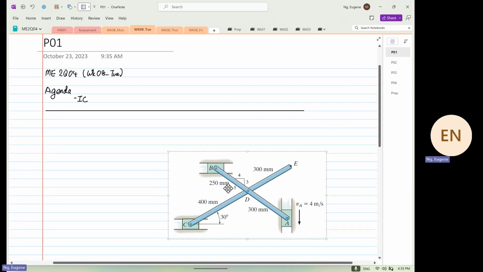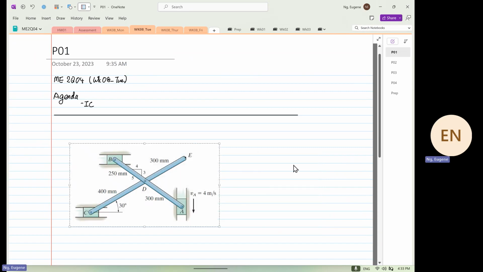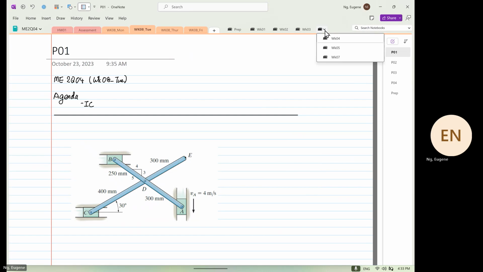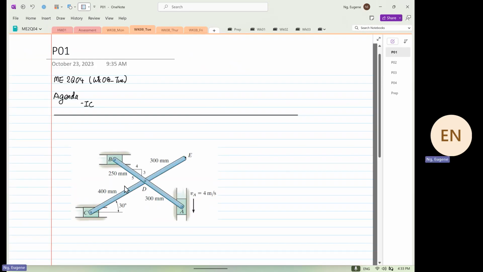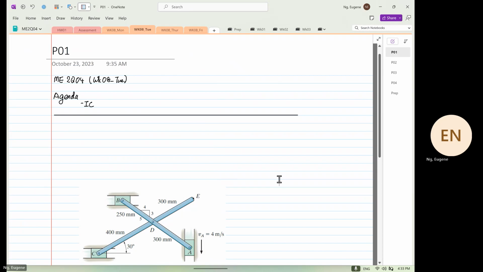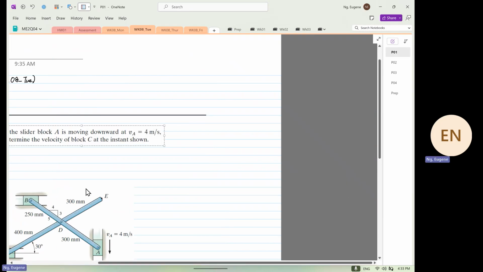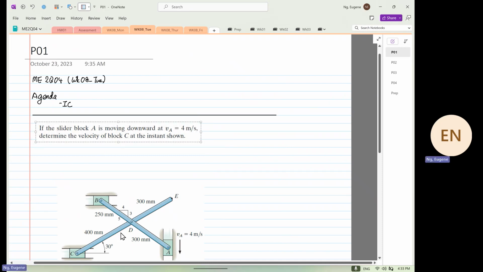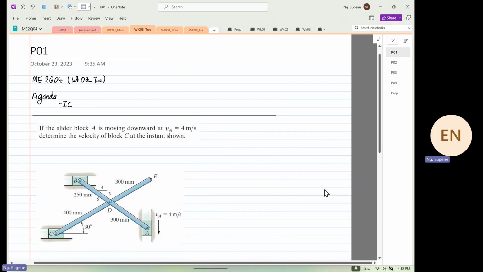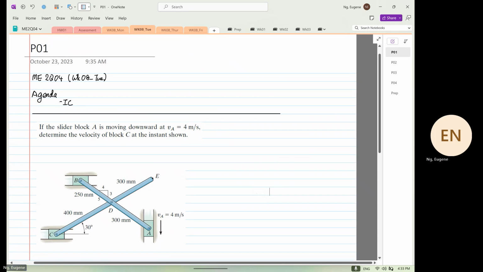You remember this example, yes? Yes or no? Yes. Okay. So I'm going to see whether it is possible to work on this example using instantaneous center.